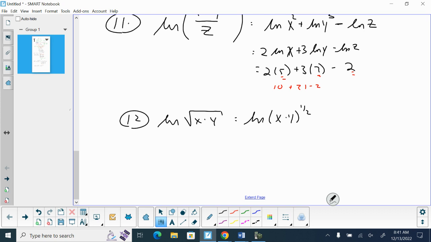So I can throw the 1/2 power out front. But I need to make sure when I separate ln of x and y by addition, I still maintain this multiplication. So we have 1/2 times the quantity of ln of x plus ln of y.